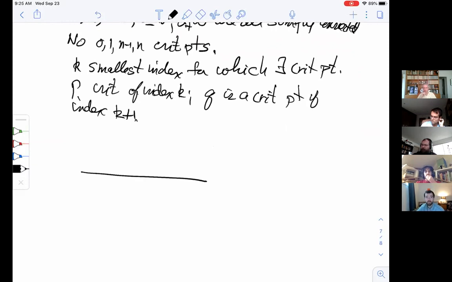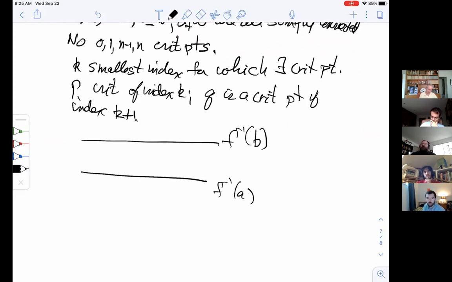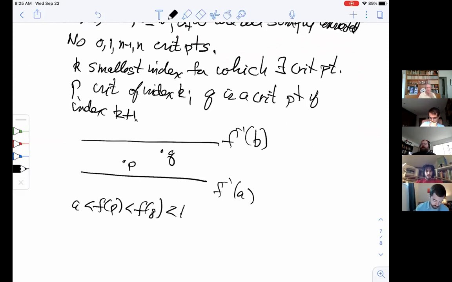And I have, as before, a band, F inverse of A, F inverse of B. These are regular values. P and Q are my critical points in here. A is less than F of P, is less than F of Q, is less than B. A and B are regular values. So just like before.